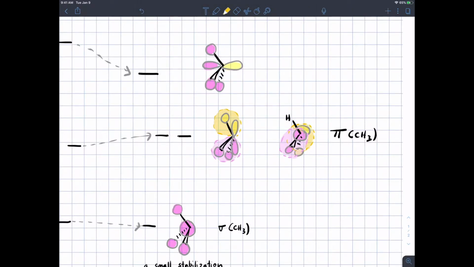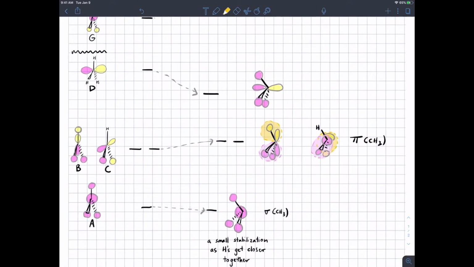And so we're going to name these according to the kinds of bonds they can participate in. This is a sigma CH3 orbital because sigma bonding is end-on-end overlap. Pi bonding is side-to-side overlap.